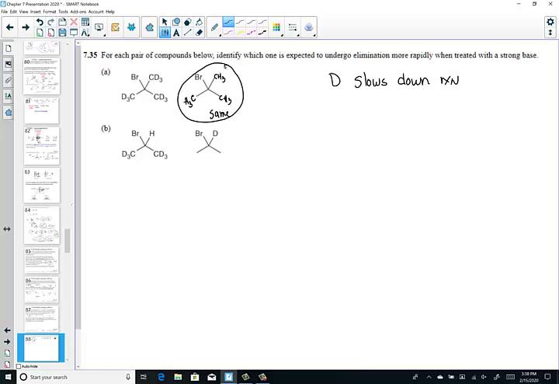And here, notice in the next one, here is the alpha carbon attached to deuterium here. And now these are actually hydrogens that are just CH3s. Those are normal hydrogens. This has no effect because it's not a beta hydrogen.